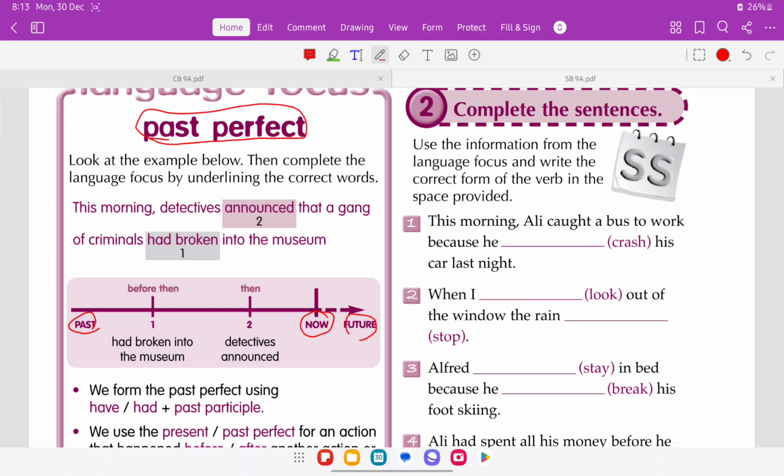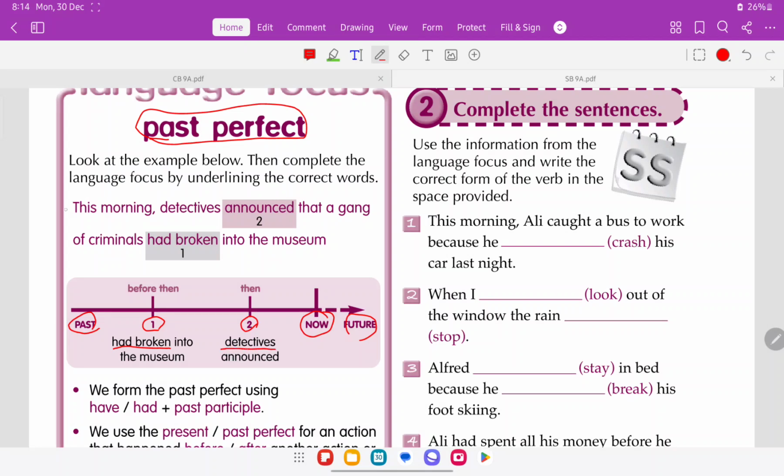One action happened before the other action. So the first action is the past perfect, and the second action is going to be the past simple.